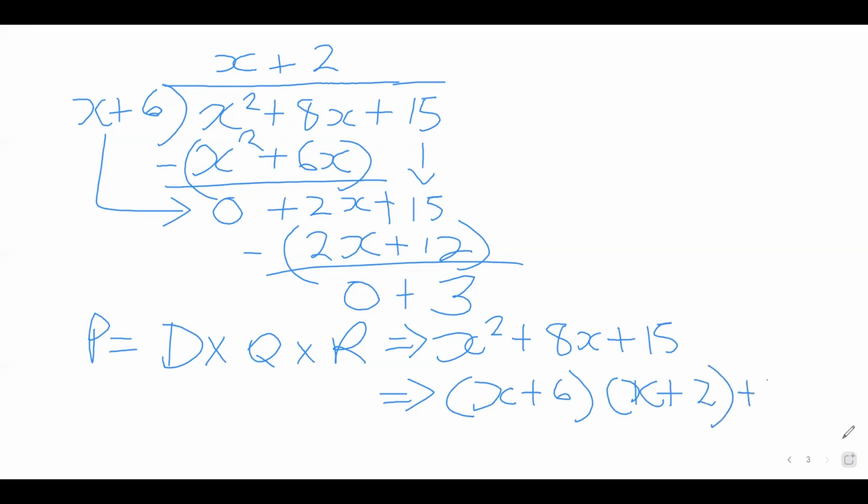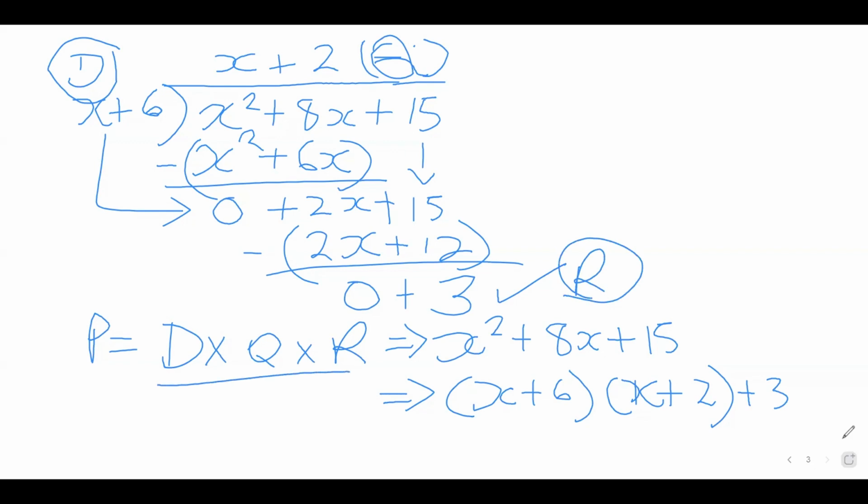And if you thought that the 3 would be added, you're correct. So we have the divisor times the quotient, and then we add the remainder. And that's why P, which is the actual dividend, is equal to divisor times quotient plus R. And this is what we have here.